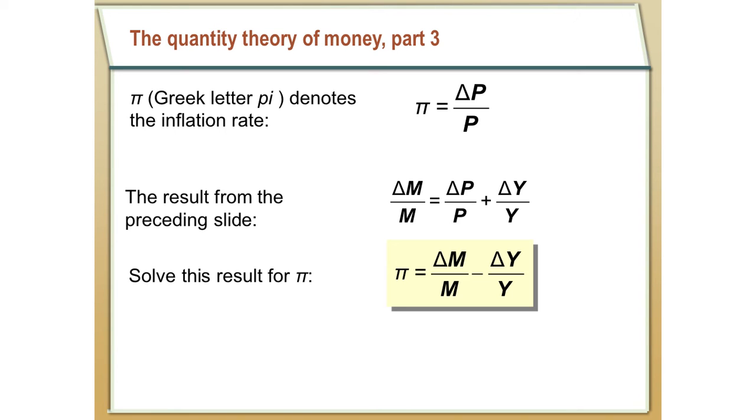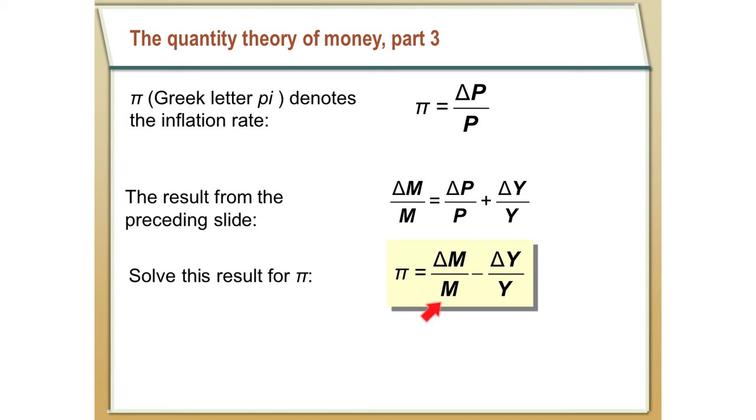If we do a little bit of rearranging and solve for this term here, in other words, subtract ΔY over Y from both sides, then we get this expression here. Inflation is the difference between the growth rate of the money supply and the growth rate of real GDP. Another way to think about this is, what is the source of inflation?